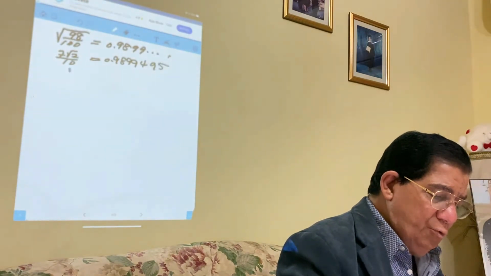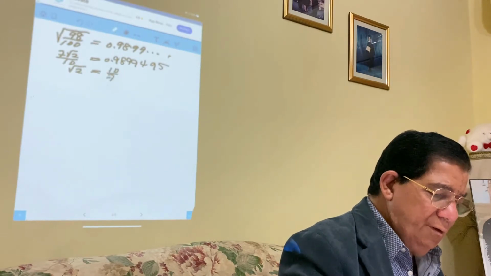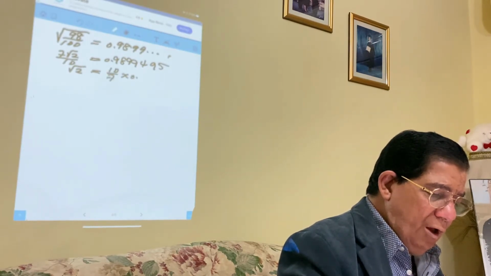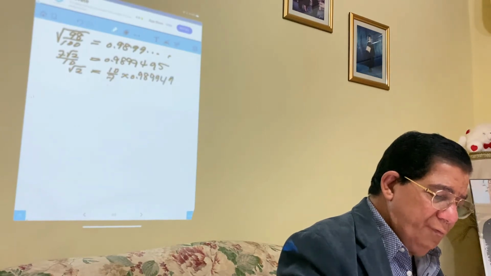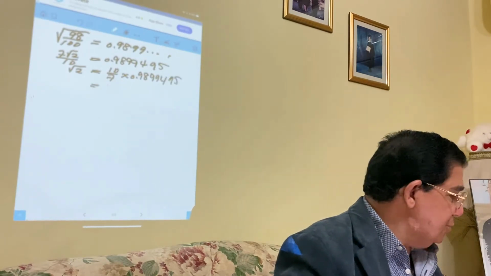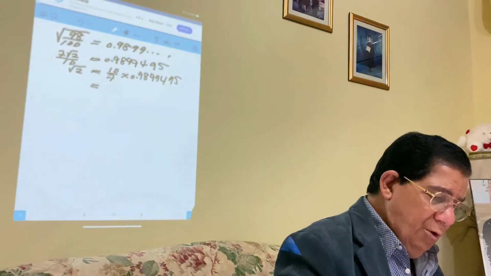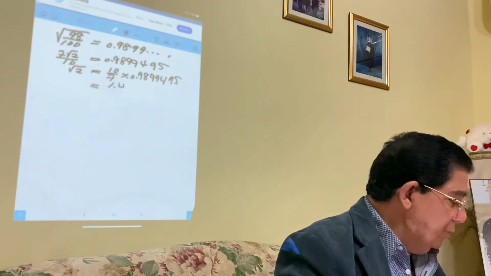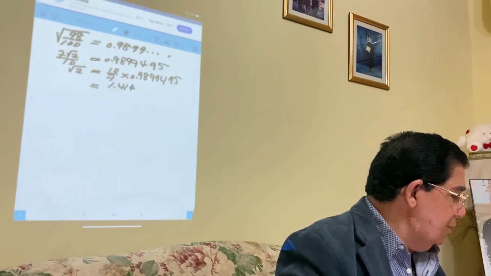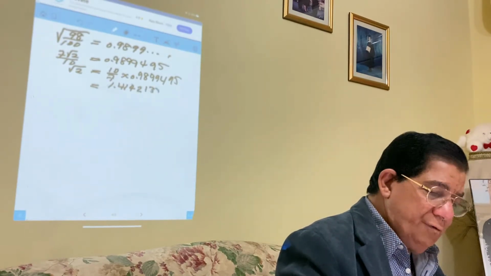This means root 2 equals 10 over 7 times 0.9899495. And if you use a calculator to get this, we'll get 1.414213571.